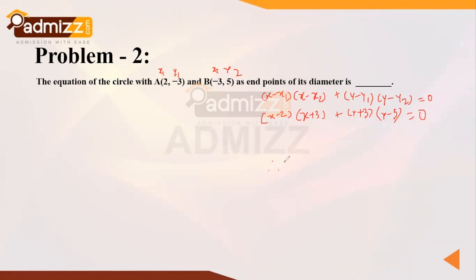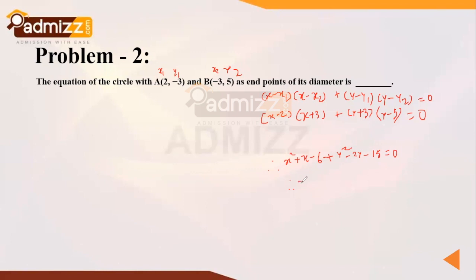Take the simplification: it is ultimately x square minus 2x plus 3x, so it is x square plus x minus 6, and y square plus 3y minus 5y, so it is minus 2y, and 3 into minus 5 is minus 15 equals 0.